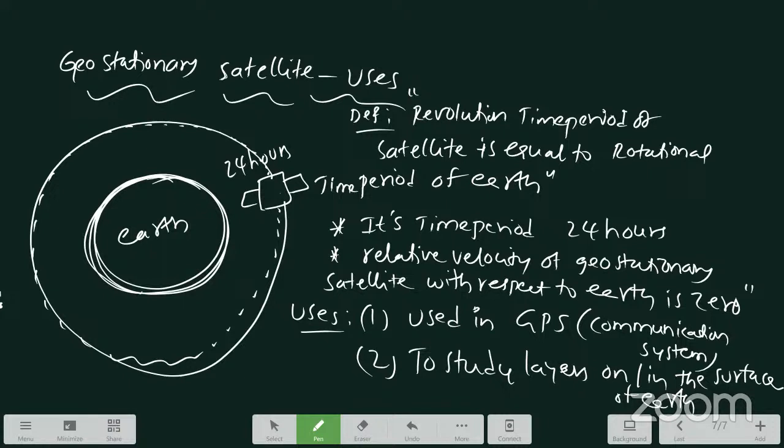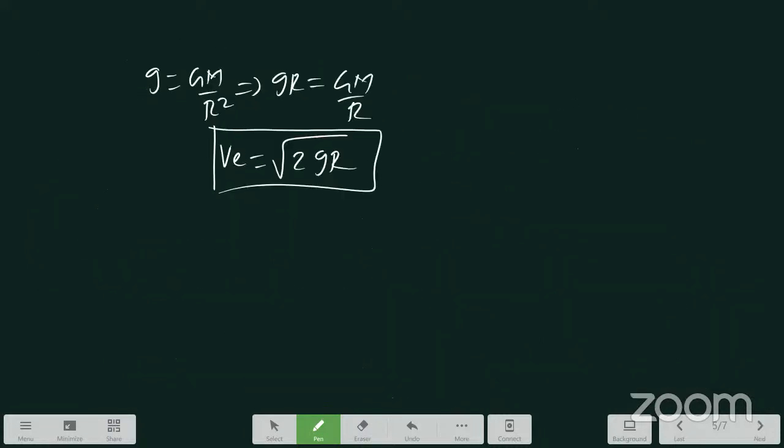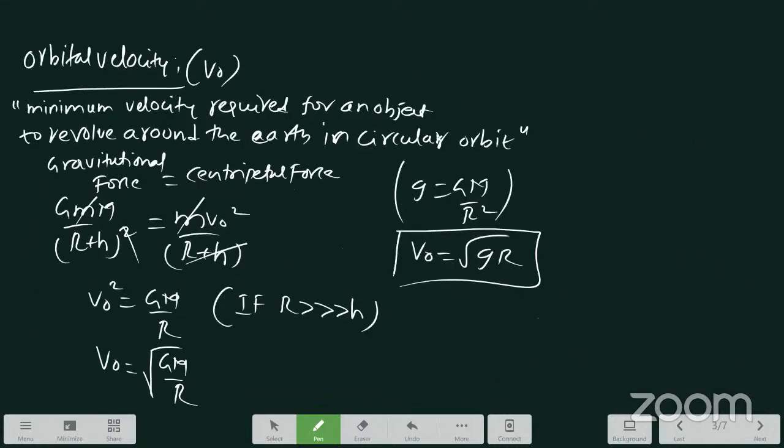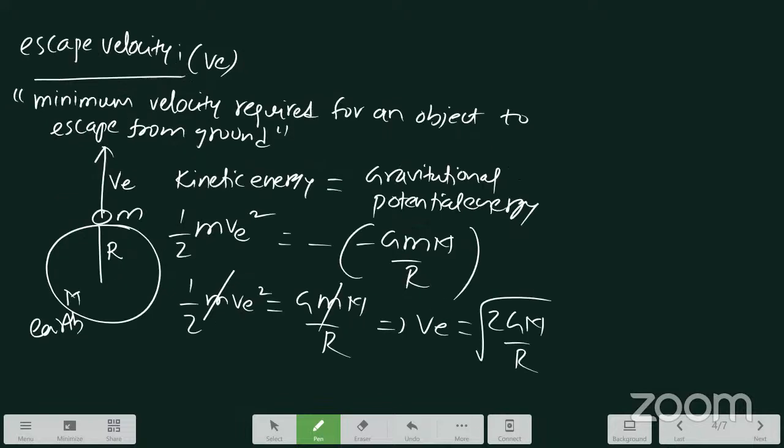Okay, students, this is question number 3. Today I finished 3 SAQs up to now. One is orbital velocity, a recent question: definition with centripetal force and gravitational force, both are equated and we can get our answer. Second is escape velocity, a new question: definition, kinetic energy balances with gravitational potential energy, with the derivation part.